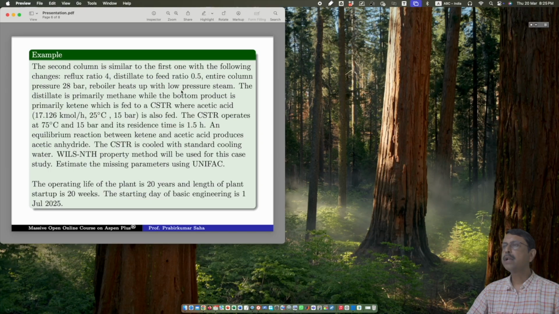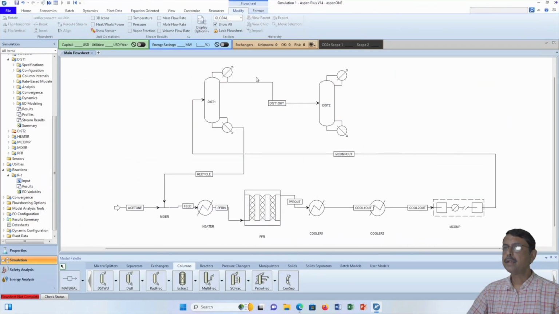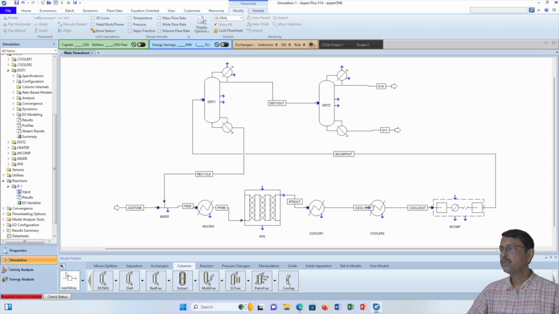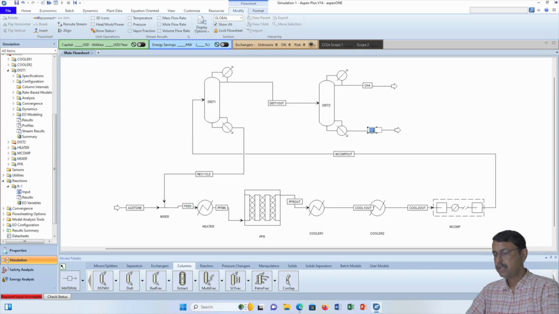Nothing has been told about the condenser, so it is the same as before, a total condenser. So we shall take it as a total condenser, liquid distillate. This one is methane, and this one is ketene.